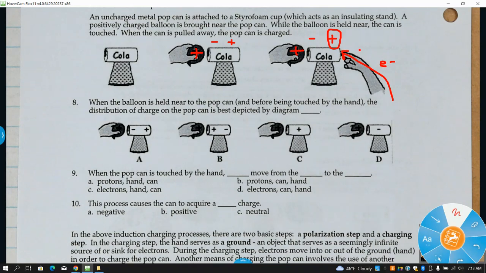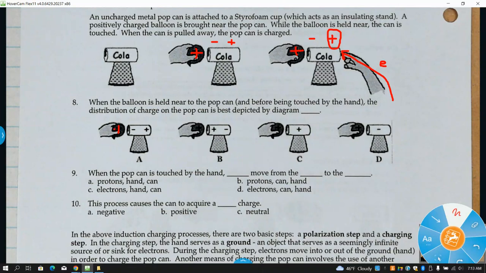So we get some extra electrons added in, some little extra negatives that we didn't have before. And we remove our hand. And then what would happen is the can would be left overall negatively charged. It receives the opposite charge of the charged object we brought close to it.